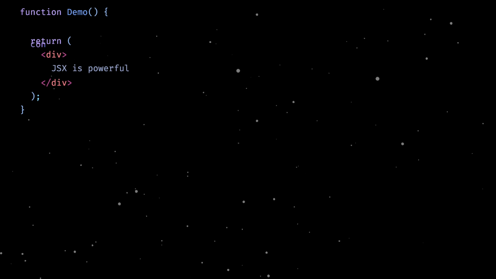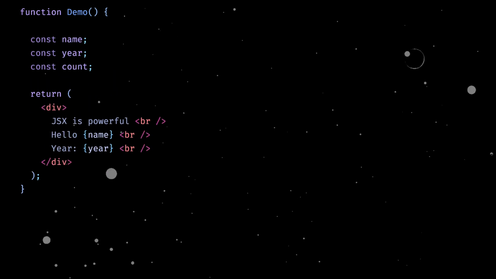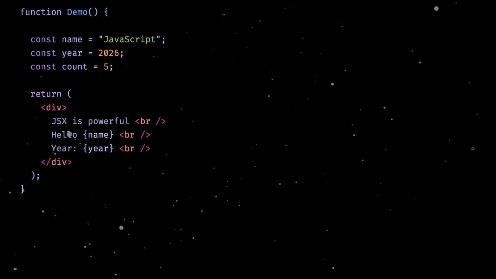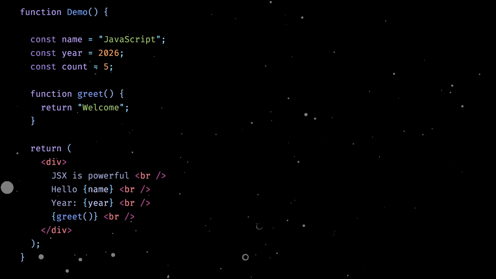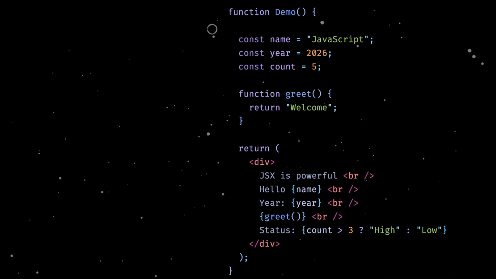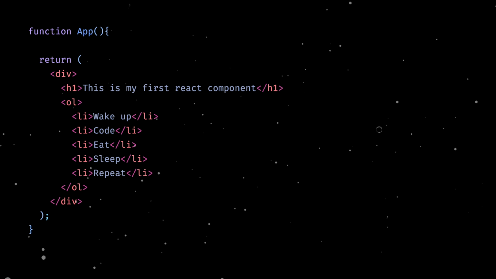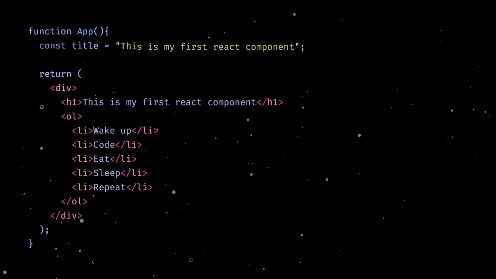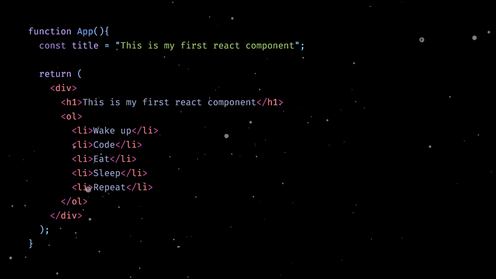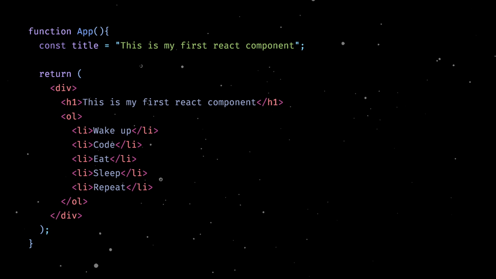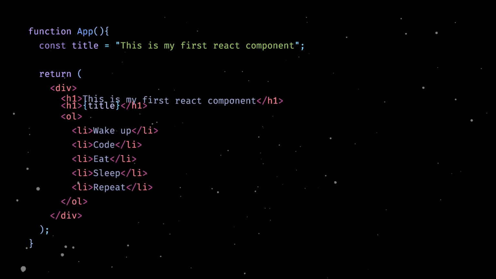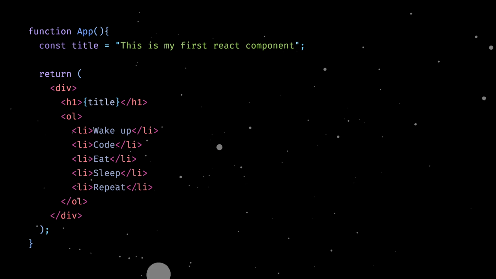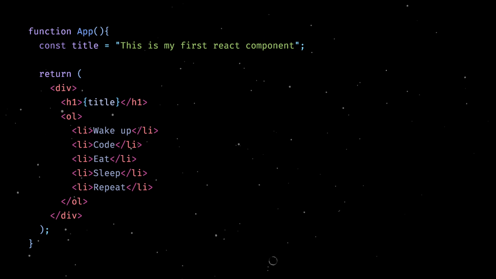Just use the curly braces syntax and then reference any variable, value, function call, or any expression from the JavaScript world. Rather than hard-coding the title value in the markup here, we can store the h1 tag's inner content in a JavaScript variable as a string, and then reference it in the markup using the curly braces syntax like this.